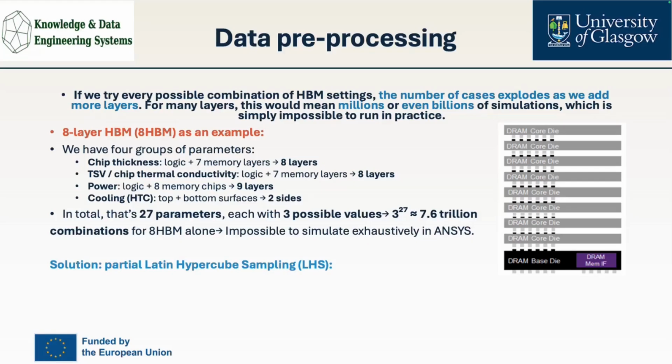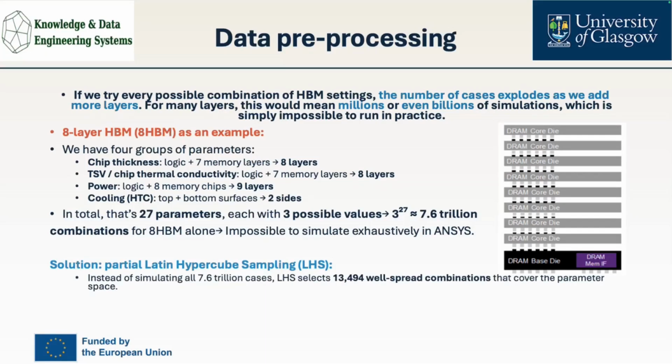There is a sampling method called partial Latin hypercube sampling. This method can go through all of these combinations and select the best ones, according to the percentages that we define. It can select a few thousand samples rather than trillions or billions that can cover all the parameter spaces.